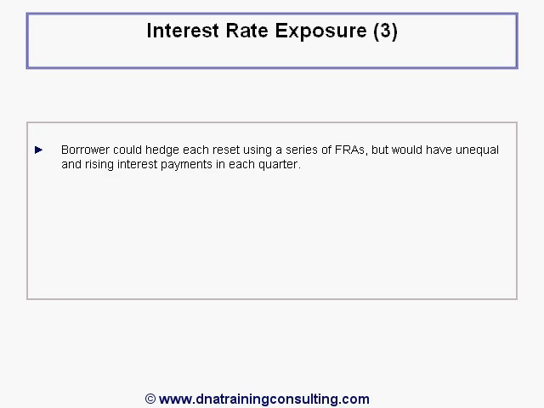This would achieve the company's objective of locking in predetermined payments of interest for the life of the loan, but would leave the borrower with rising interest payments in each quarter.